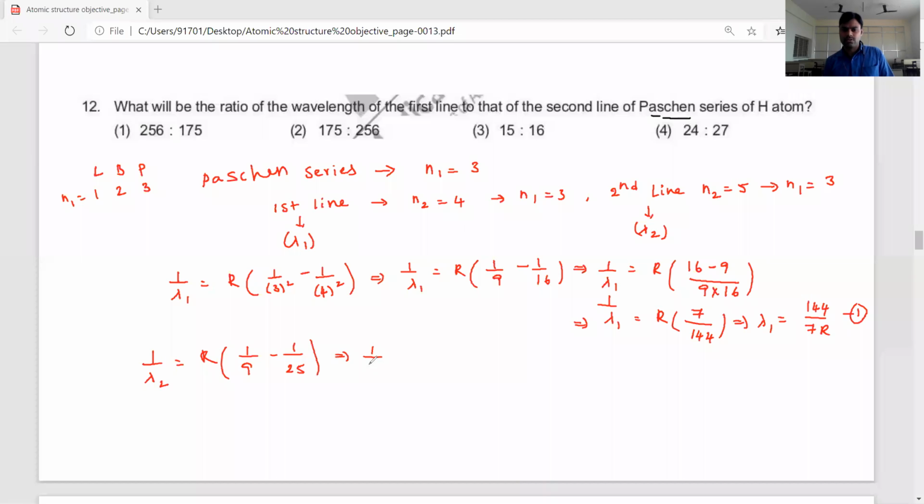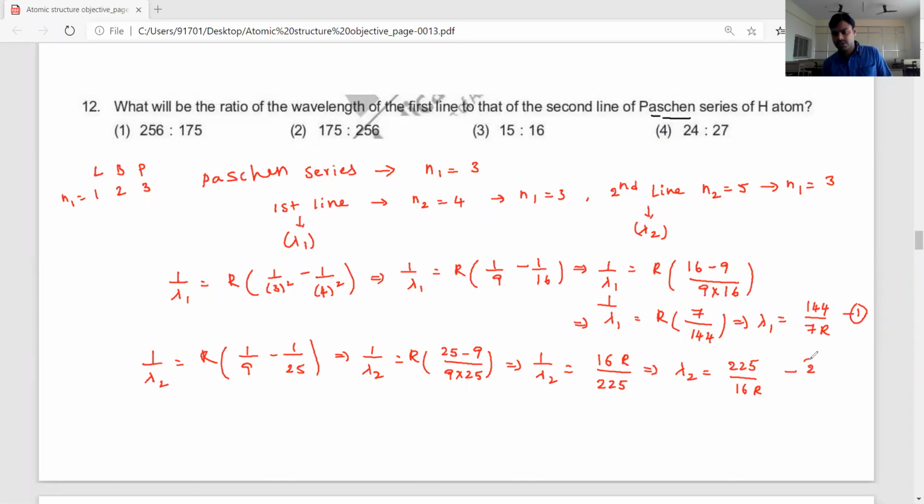Then 1 by lambda 2 is equal to R into (25 minus 9) by (9 into 25), which is 16R by 225. Then lambda 2 is equal to 225 by 16R. Okay, it is very clear.